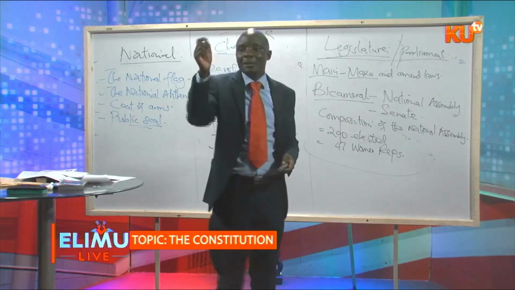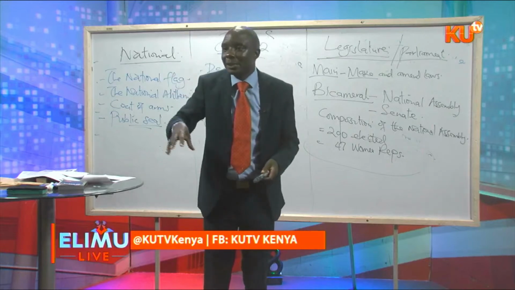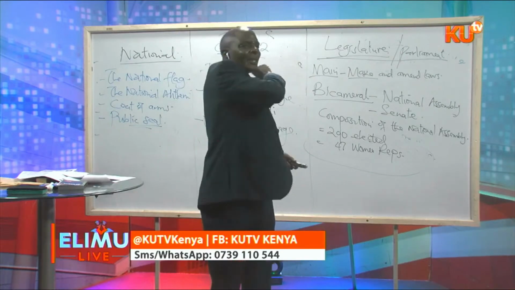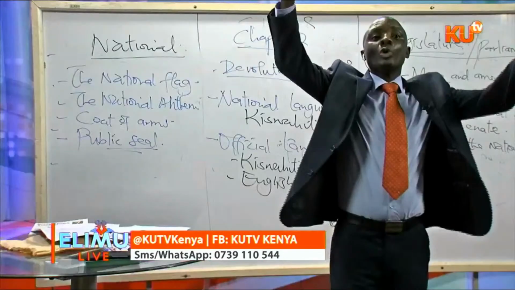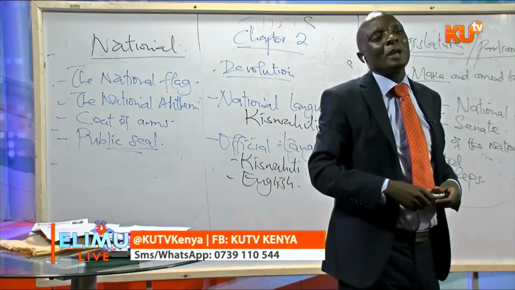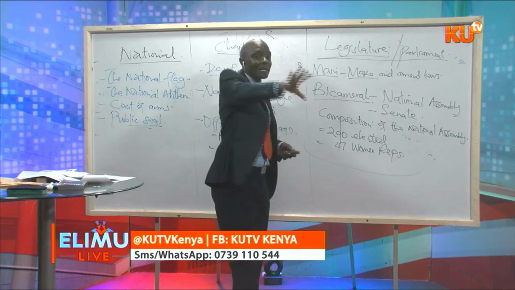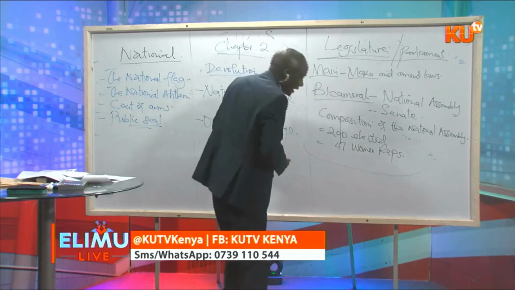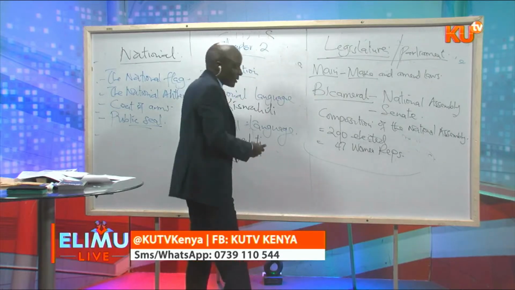So if you are going to be asked, which officer is elected to represent the county in the National Assembly, please, when you are doing the exams, underline and mark those words. We fail not because we do not know, but because sometimes we are not very careful. So the 47 women reps are elected in our counties to represent our counties in the National Assembly.